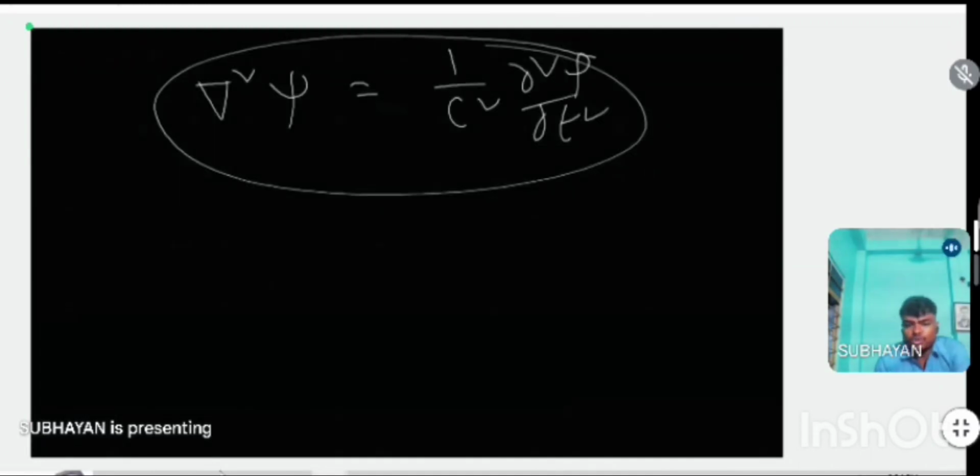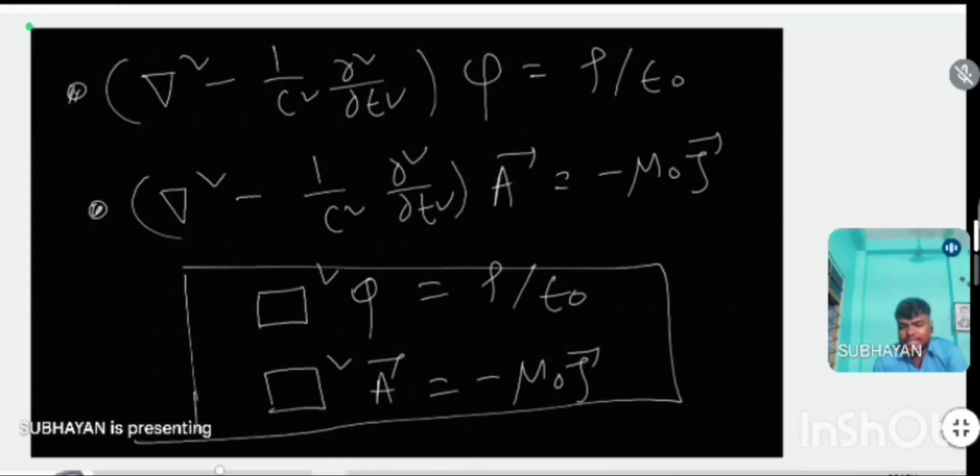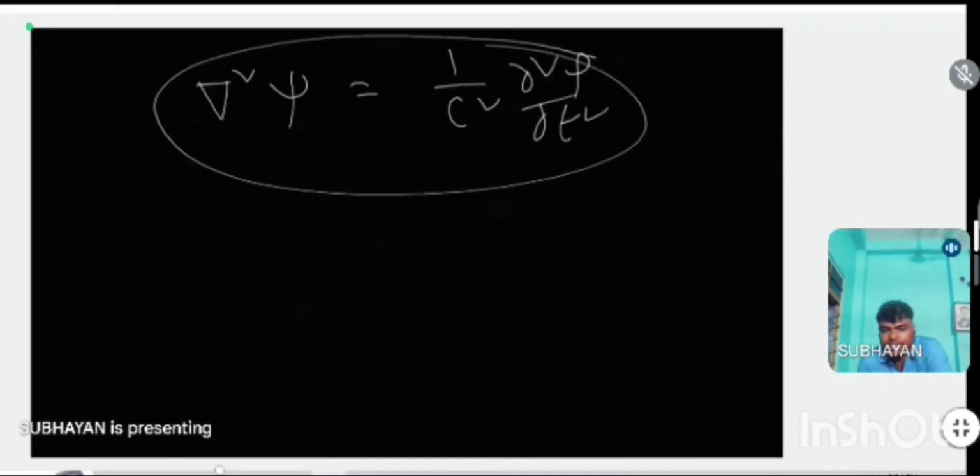This is homogeneous wave equation. But the Coulomb gauge and Lorentz gauge solution of Maxwell equation is satisfying the inhomogeneous wave equation. So from here, you have to solve this one, and after solving this equation, you can study the nature of electrodynamics in terms of the potential.